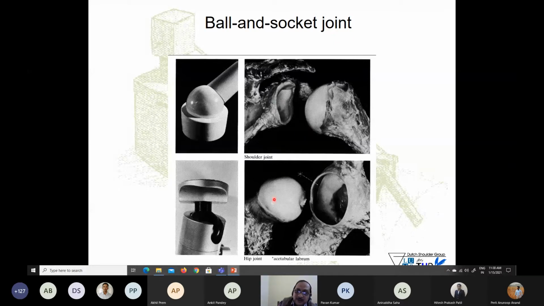So we have the shoulder joint and the hip joint together, but what is the basic difference is that the hip joint has a deep hemispherical cavity within which the femoral head actually is seated very well. It's much more stable than the shoulder joint, which has a rather shallow socket in the form of a glenoid cavity. So you can see it already in the picture.